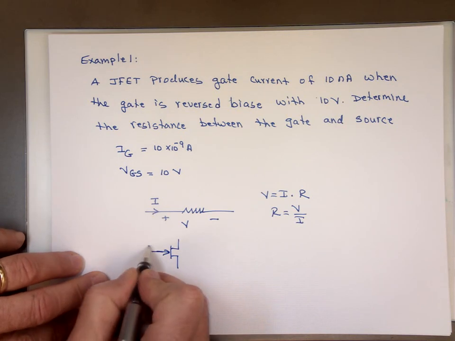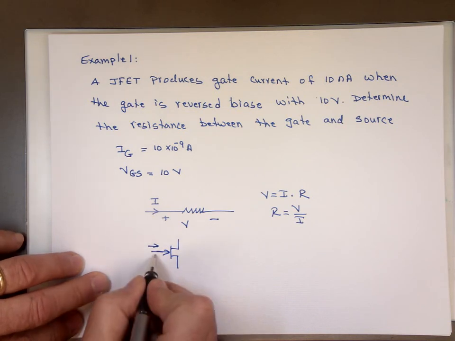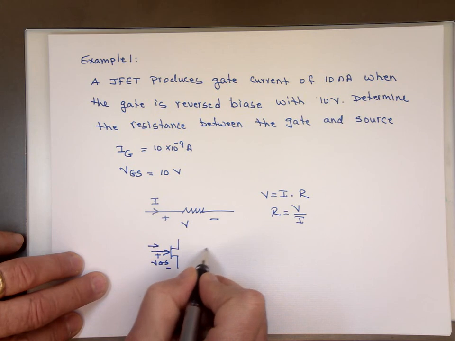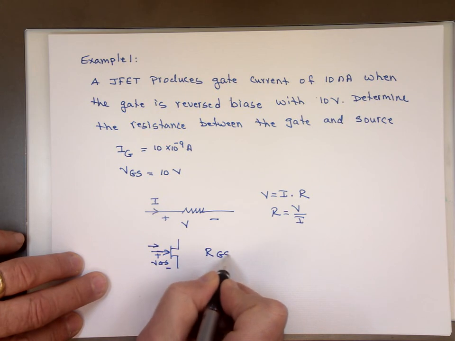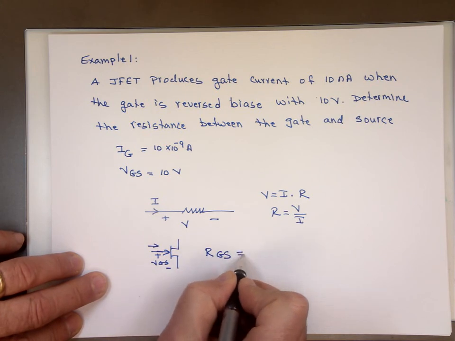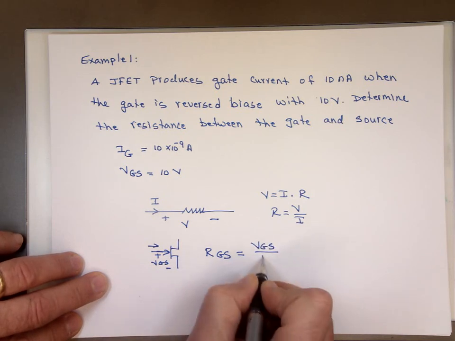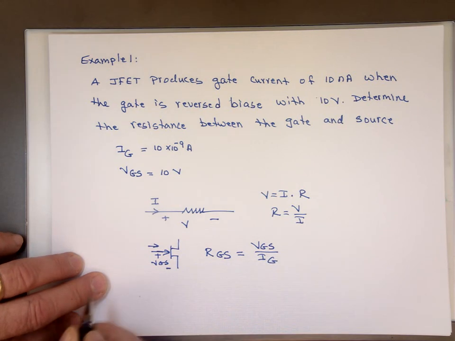We know the current going in here. We know the voltage here. So the resistor between the gate and the source should equal the voltage across, which is VGS, divided by the current through it, which is I sub G, the gate current.